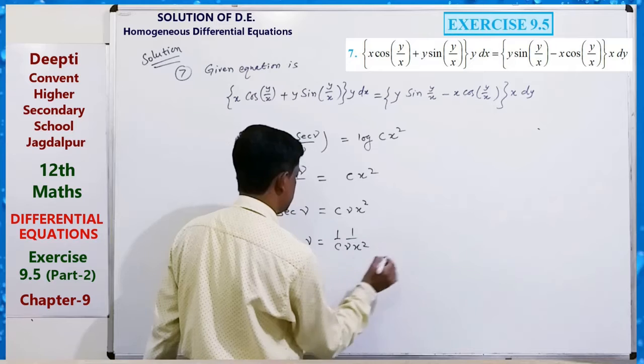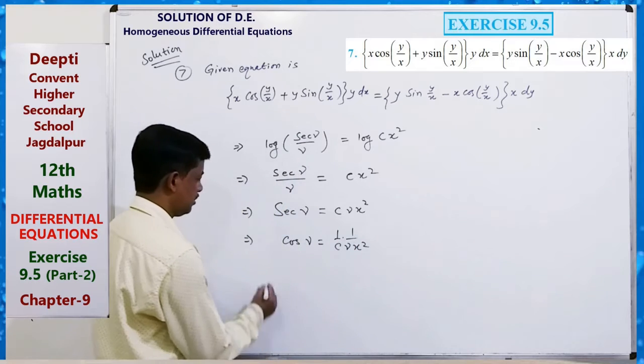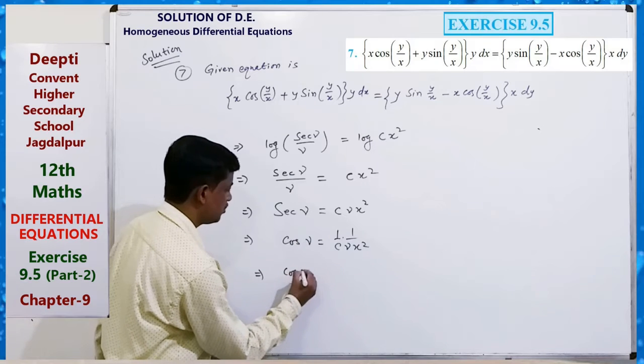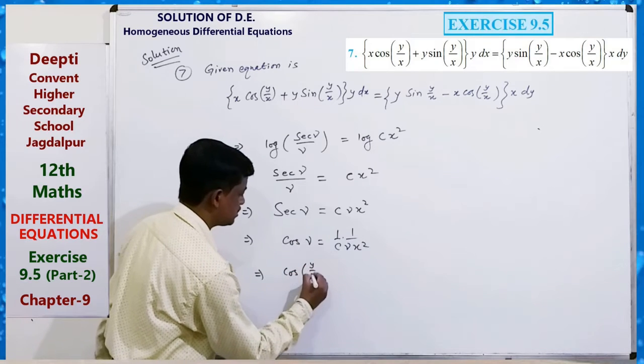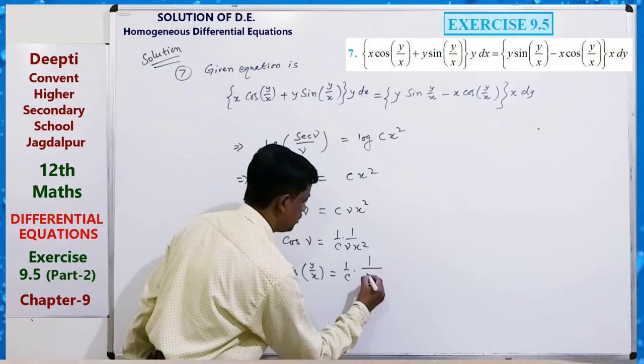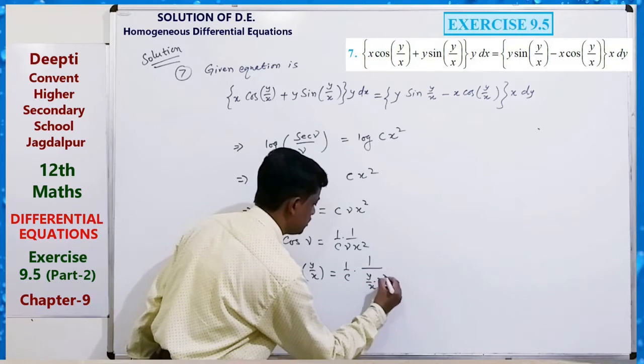We can write like this, reverting it: cos of y by x equals 1 upon c into 1 upon y by x into x square.